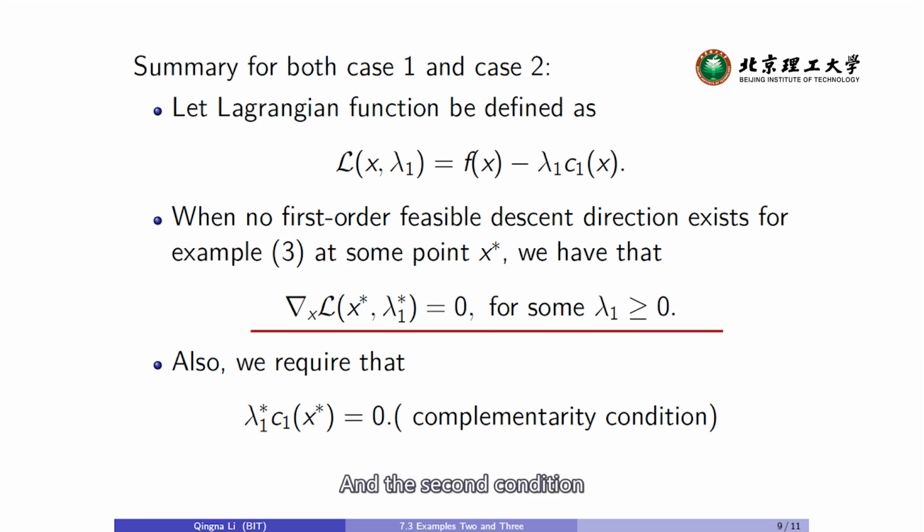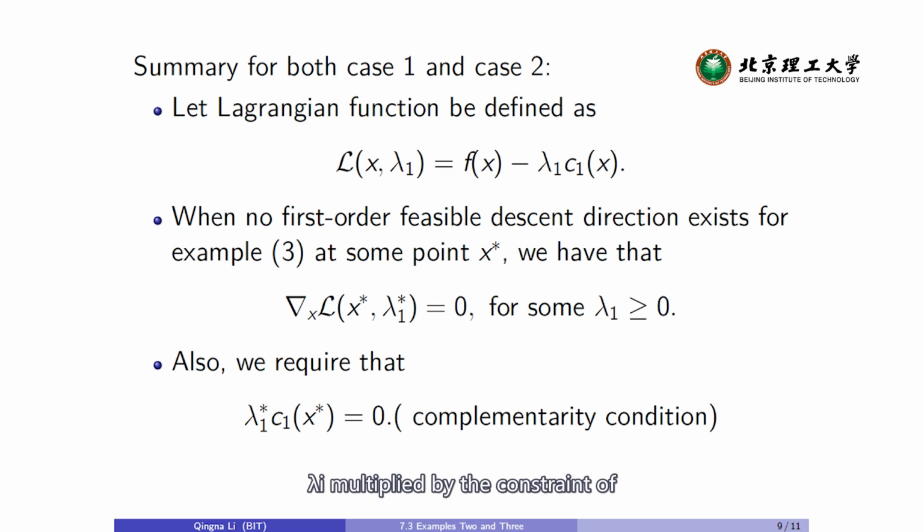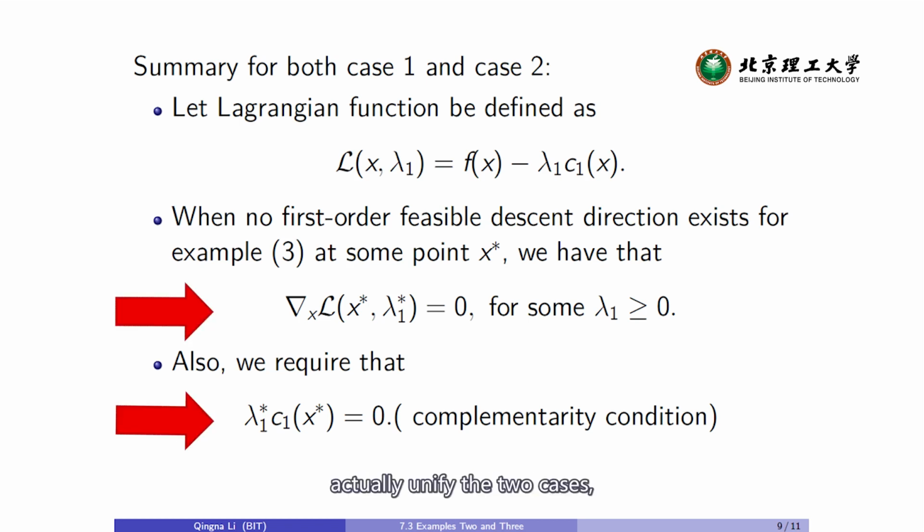And the second condition is called the complementarity condition, meaning that lambda multiplied by the constraint c at this point is 0. So the two conditions here unify the two cases we just discussed.